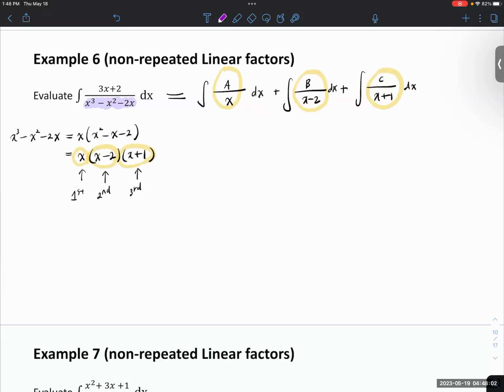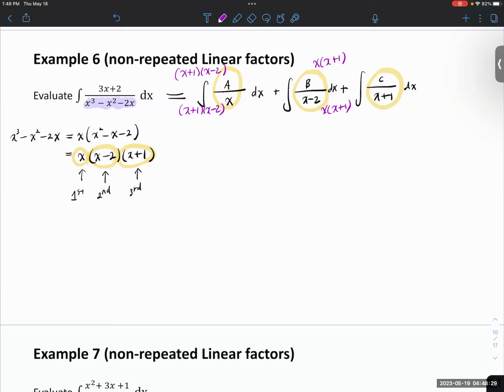So find the common denominator among those three: x, x minus 2, x plus 1. So the common denominator is all together. For the first fraction, you're going to multiply x plus 1, x minus 2, top and bottom, so that it's all together. For the second fraction, you're going to multiply x times x plus 1, top and bottom.